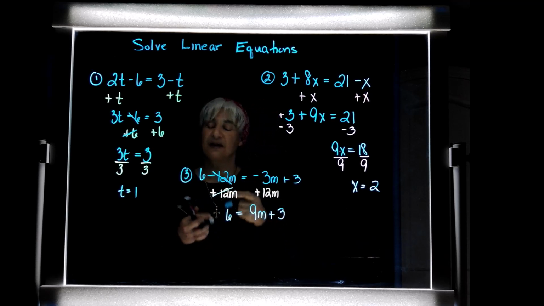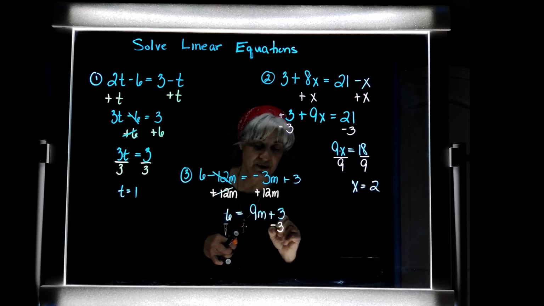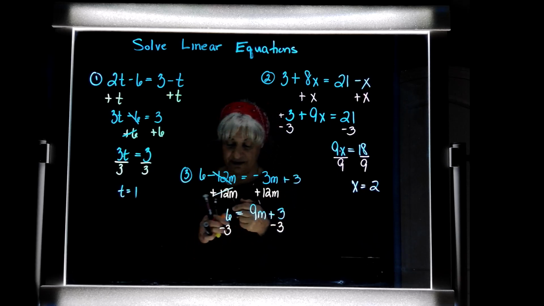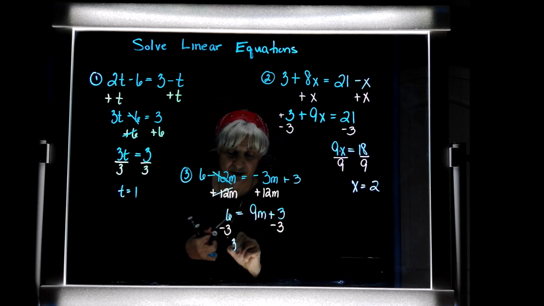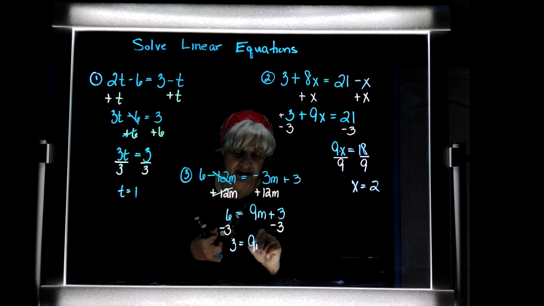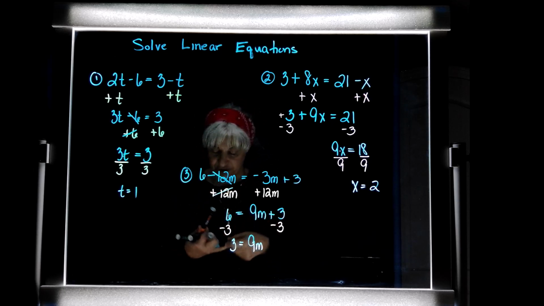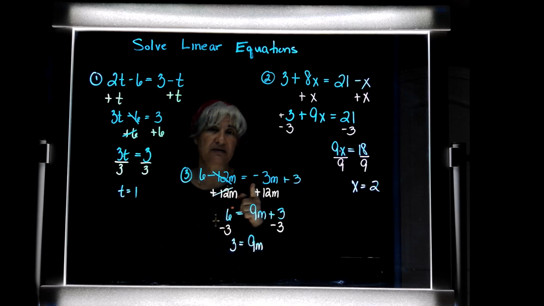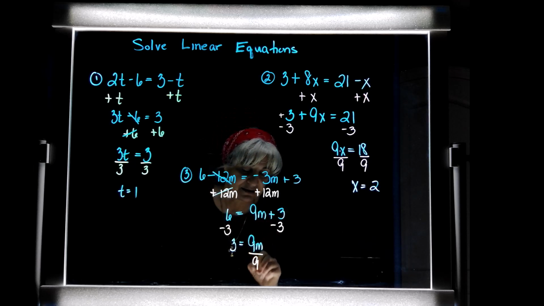Okay, correct. You're going to have to subtract the 3 from the right to the left. And the next line, good. 3 equals 9m. Stay focused. What are you solving for? You're solving for m, which means to get this m by itself, you're going to have to divide by 9.